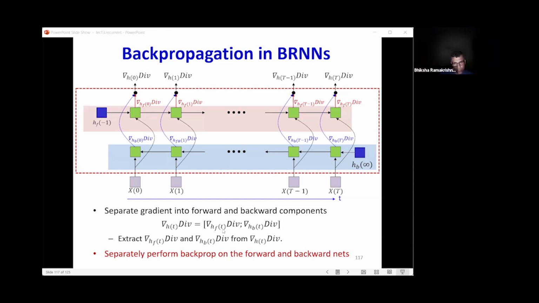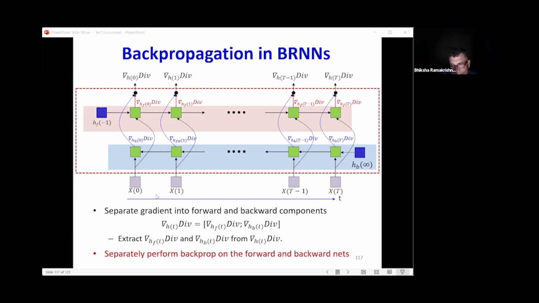The first portion corresponds to the output of the forward block that was included in the output of the layer. And the second portion was the output of the backward block that was also included in the output at that time. And so from this derivative with respect to the output of the layer, I can get the derivative at each time with respect to the outputs of both the forward and backward blocks.